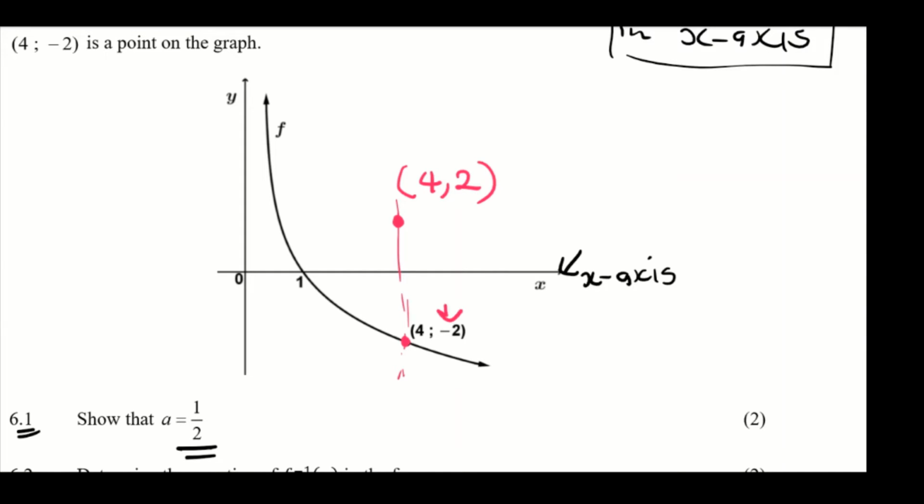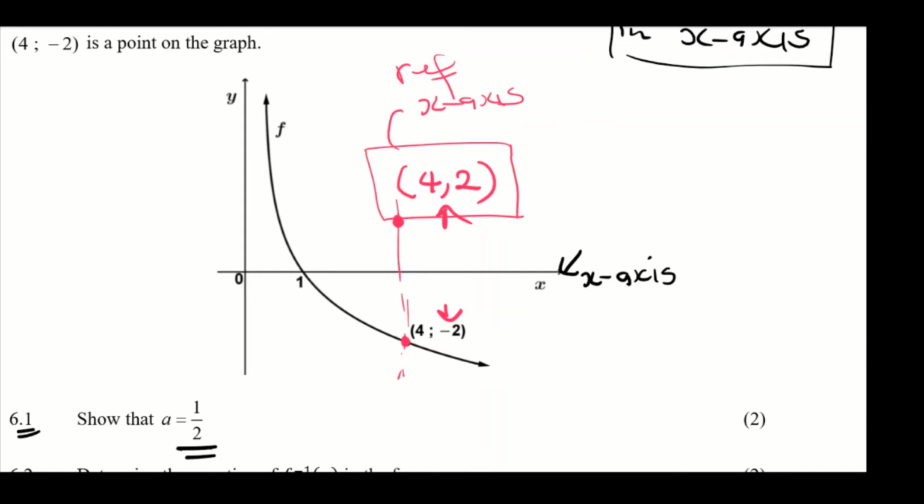So the y was negative 2 here, but now it's positive 2, right? So you're going to use these coordinates now, because they are a reflection about the x-axis.